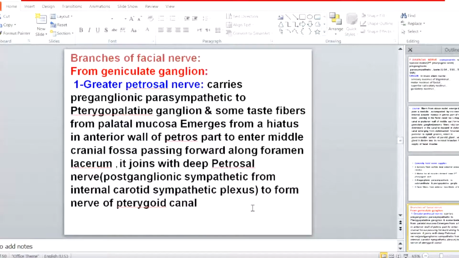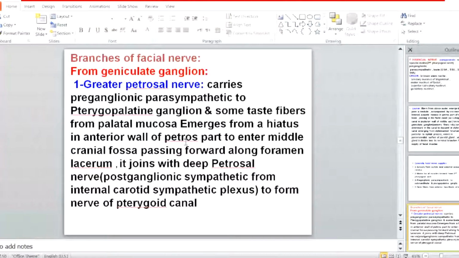Branches of facial nerve from the geniculate ganglia emerge as the greater petrosal nerve. This, as I said, carries some of the preganglionic parasympathetic fibers to the pterygopalatine ganglia, and some taste fibers from palatal mucosa. It emerges from a hiatus in the anterior wall of petrous part of temporal bone to enter middle cranial fossa, passing forward along foramen lacerum in the floor of the middle cranial fossa, and joins with the deep petrosal nerve, which carries postganglionic sympathetic fibers from the internal carotid sympathetic plexus.